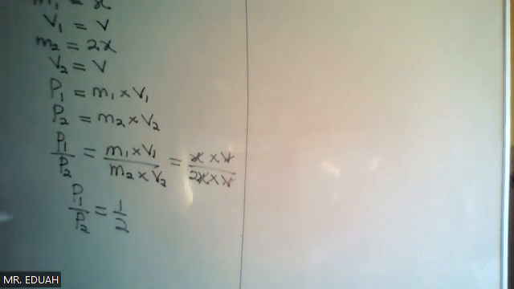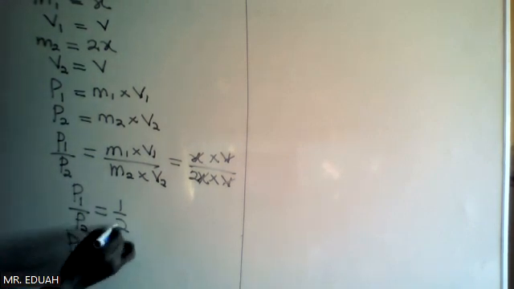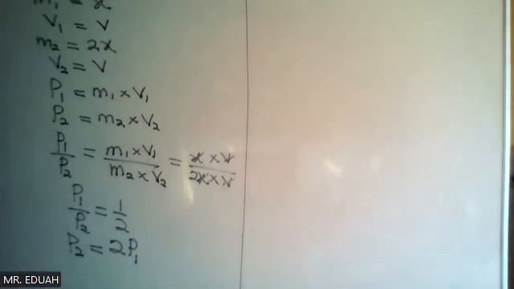What are we looking for here? What are we to calculate for? Isn't it the momentum of the second situation? So you make P2 the subject. P2 is what you are looking for. So this P2, when you cross multiply, will be 2 times P1.